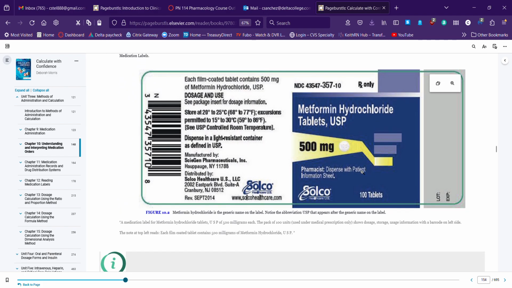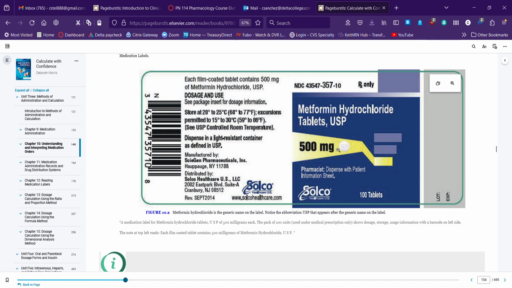So if we scroll down a little bit and look at this next one, we have metformin hydrochloride tablets, 500 milligrams. Now, as we can see, there's only one name on here. And what I just said was, if there's only one name, it has to be generic, because that's what the law says. So metformin hydrochloride would be your generic name. Your brand name or your trade name for this medication is Glucophage.